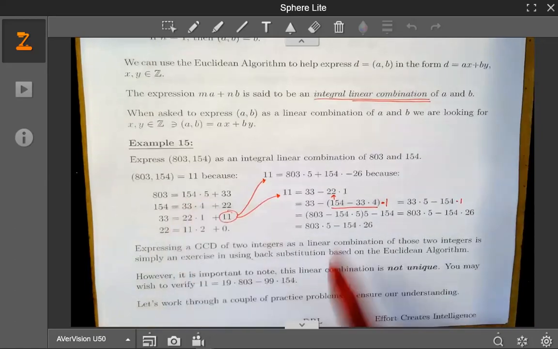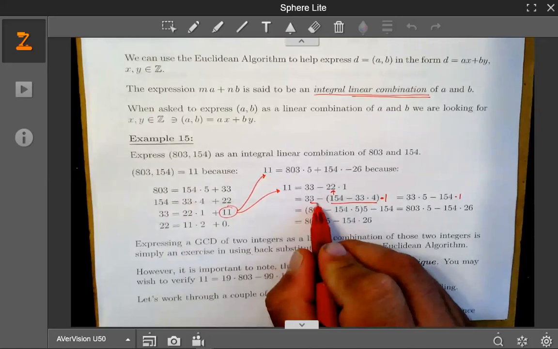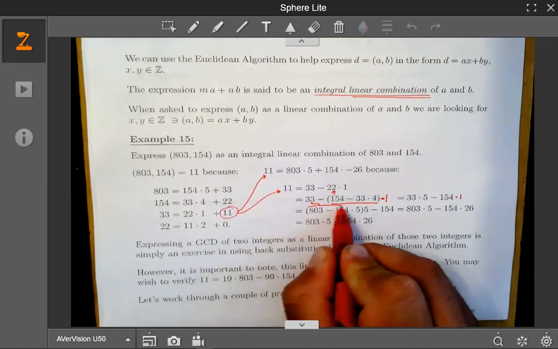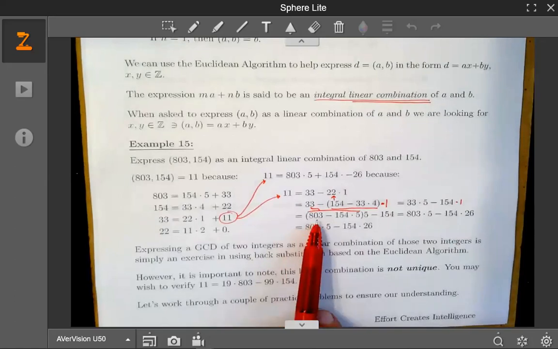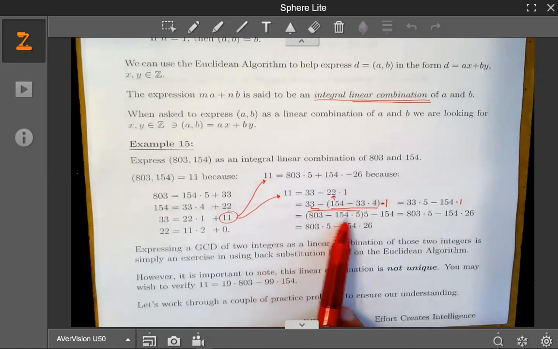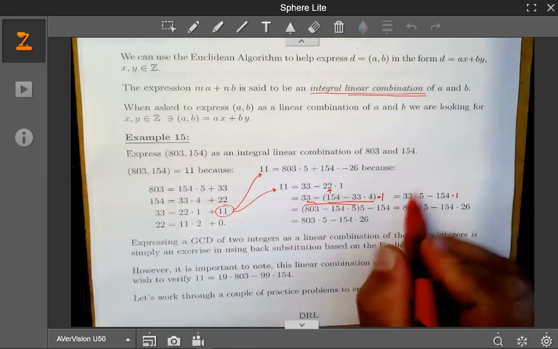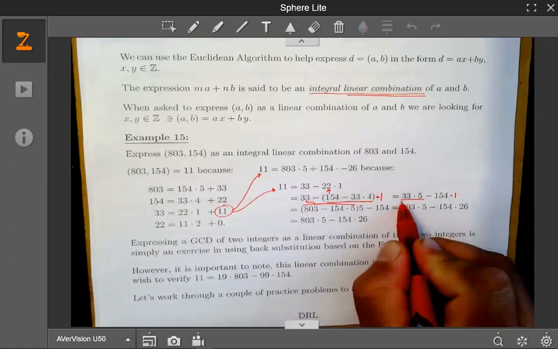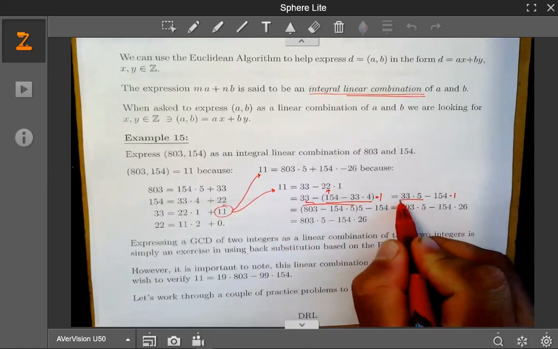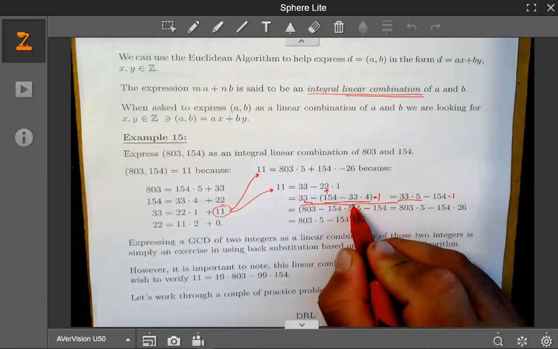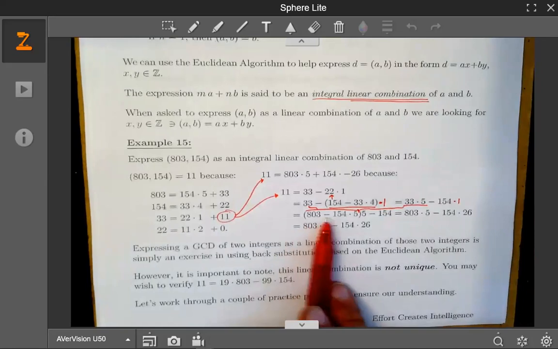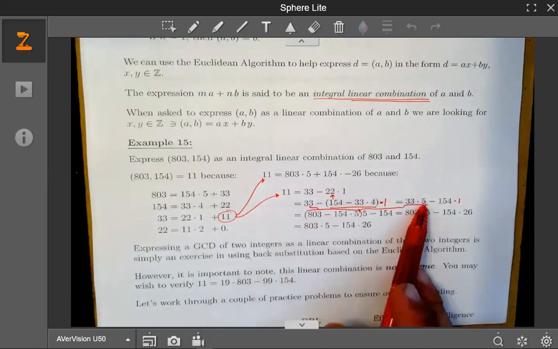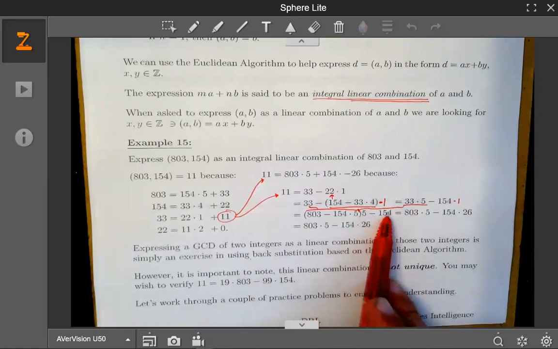So I take this and say that 33 is really 803 minus 154 times 5. So what we have is this 33 times 5, and apologies for all of these little arrows, that goes right over here. So 803 minus 154 times 5, minus 154, and of course that implied 1.